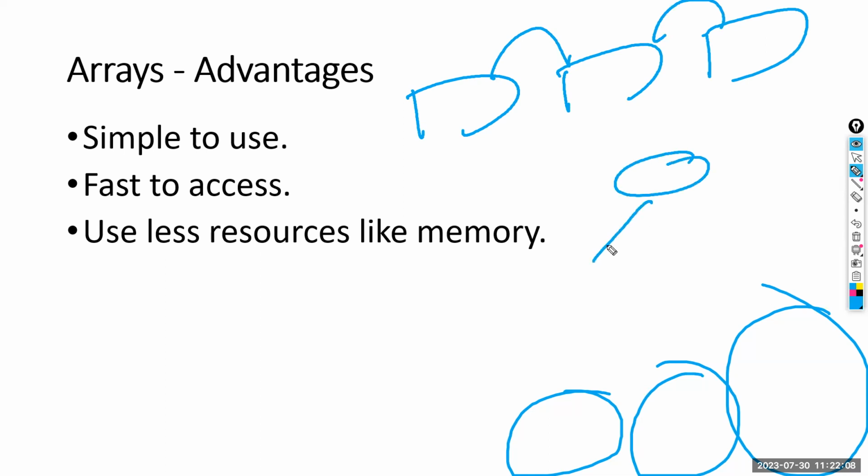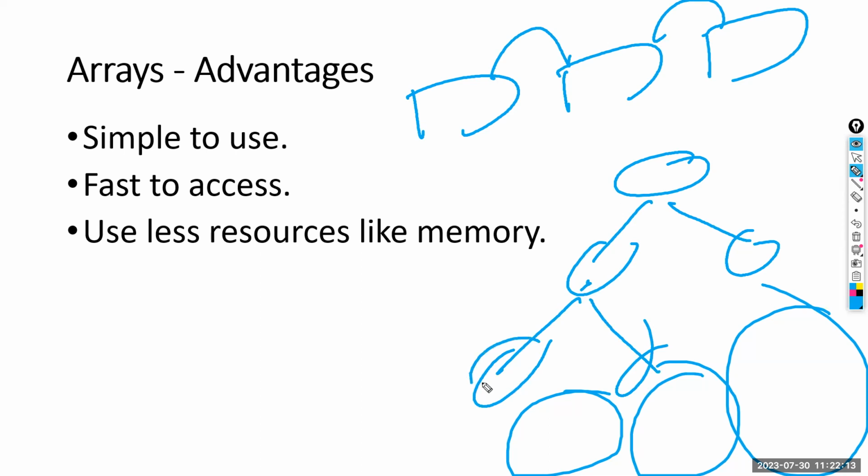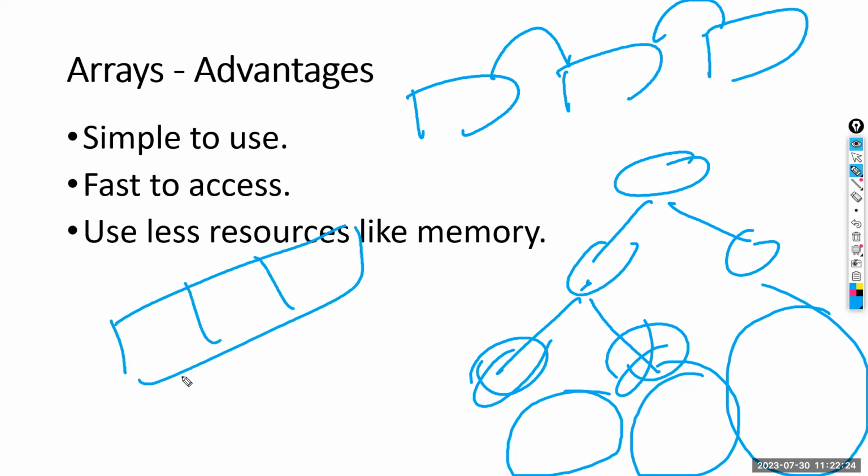If it is a binary tree or something, you have to keep track of what your next data are. So that means it takes more memory resources. But arrays are just consecutive memory locations, and it's very efficient because it doesn't keep track of anything else.